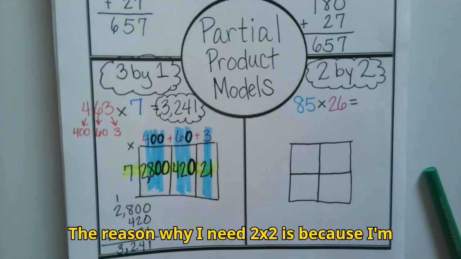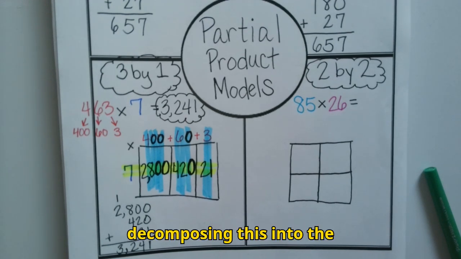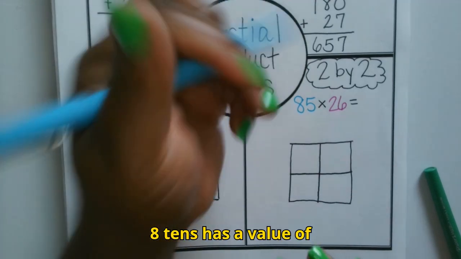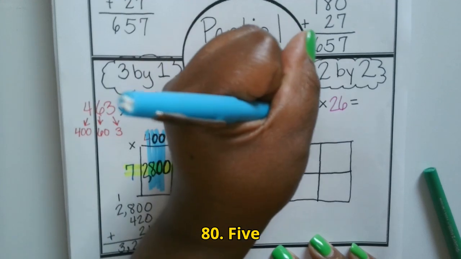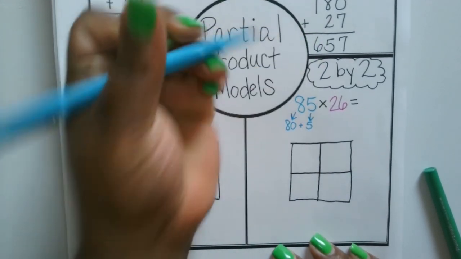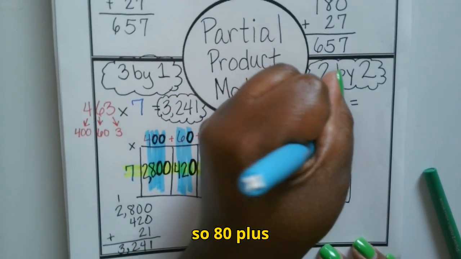The reason why I need 2 by 2 is because I'm decomposing this into the values of the places. 8 tens has a value of 80. 5 ones has a value of 5. So 80 plus 5.